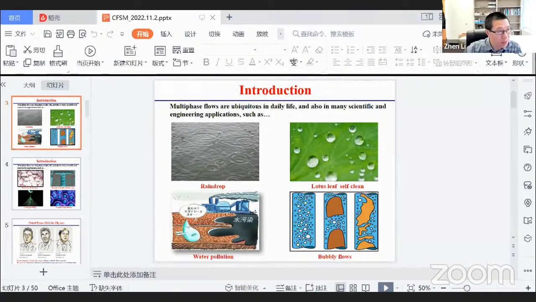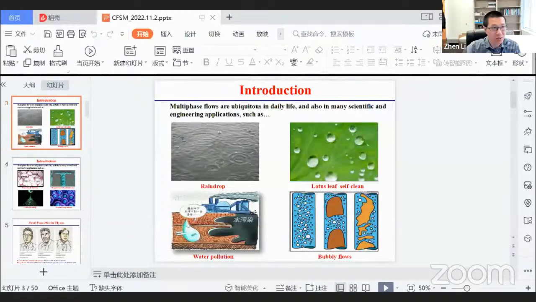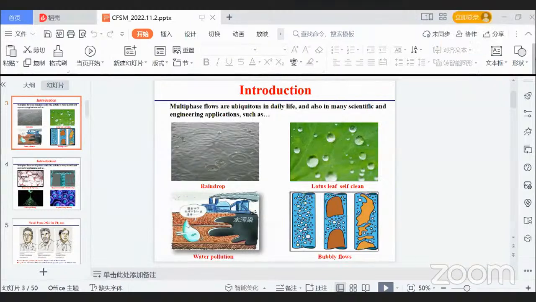There is a button at the bottom. You see the 50% on the left of the 50%?